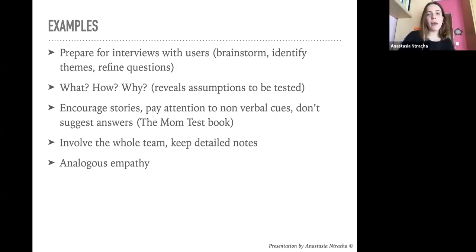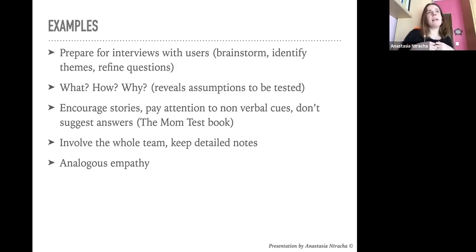And another method that sometimes, when we don't have enough data, we use is analogous empathy, which means that we are speaking with users that have similar problems, not exactly the same, and trying to find patterns between these two categories.